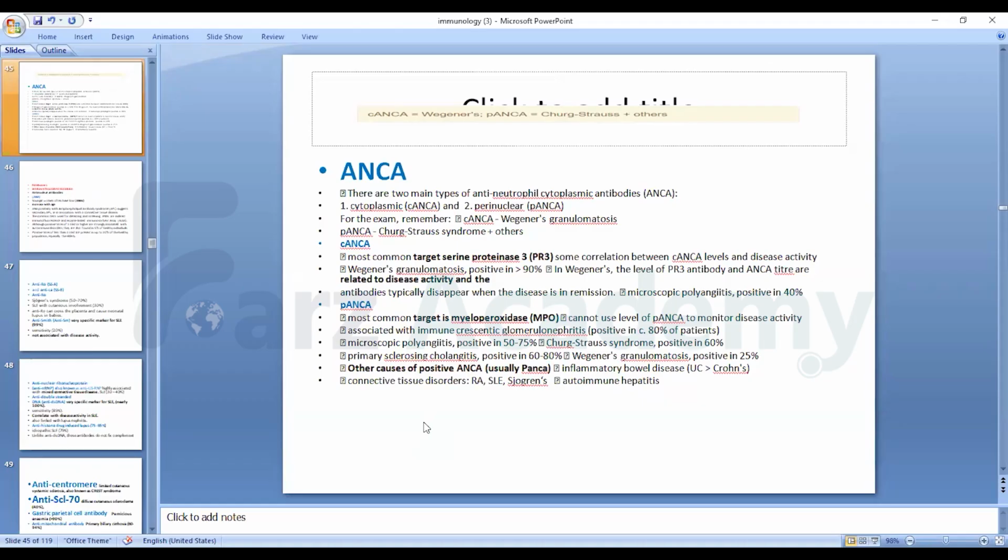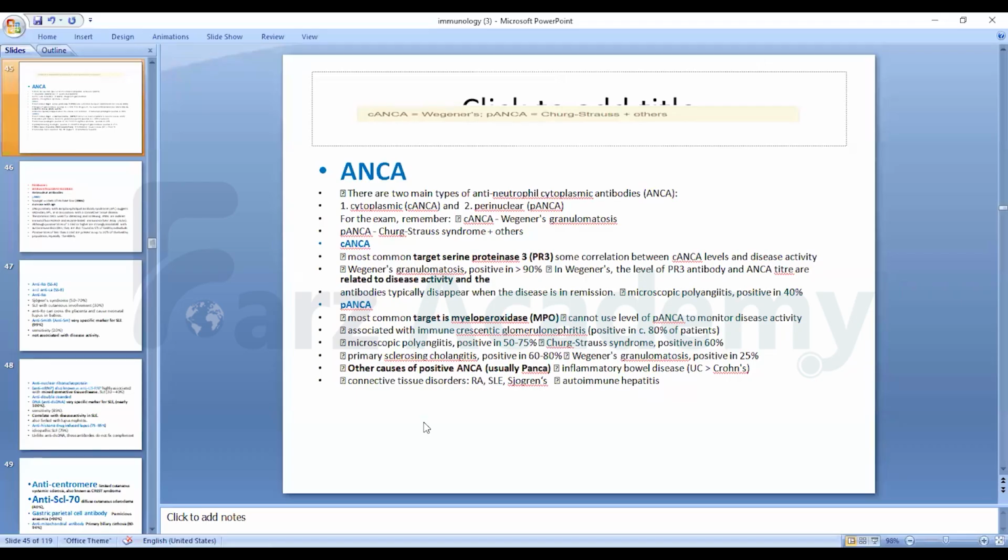Coming to P-ANCA, the most common target is myeloperoxidase. So P-ANCA MPO in Churg-Strauss, you have to remember. The level of P-ANCA cannot be used to monitor disease activity. It is associated with immune crescentic glomerulonephritis in 80% of patients, and positive in microscopic polyangiitis in 50 to 75%.